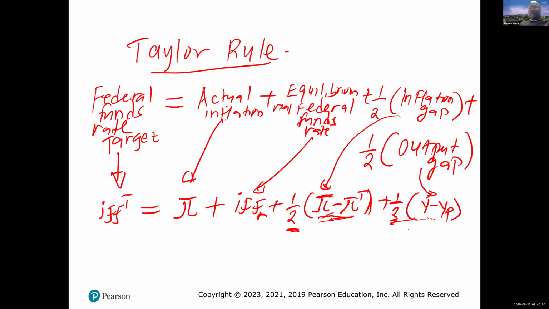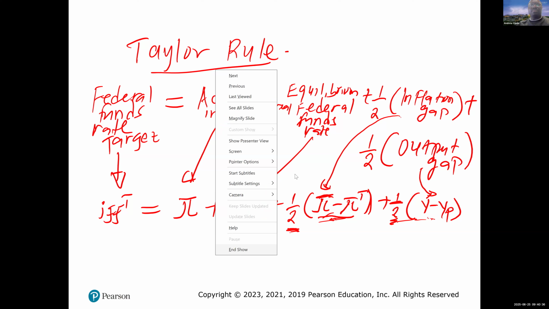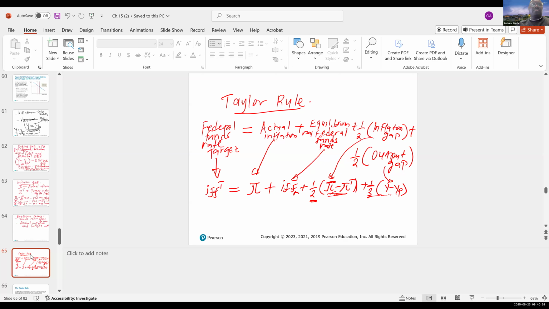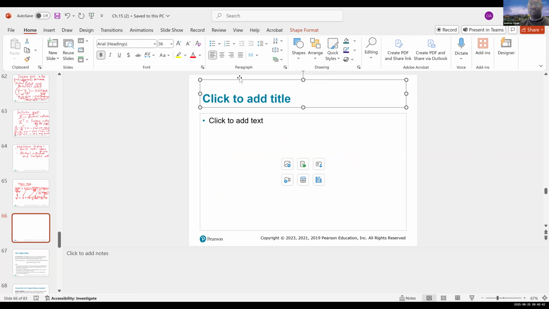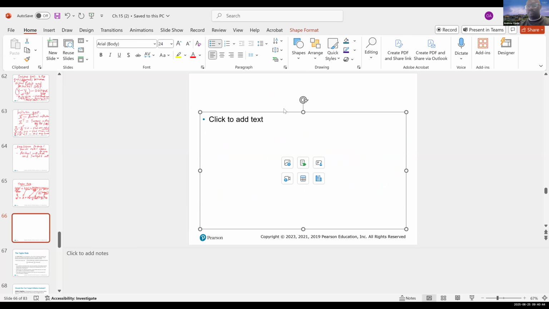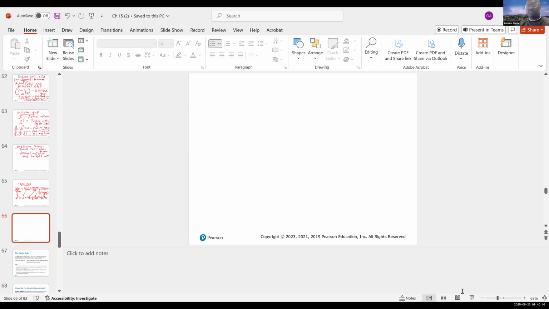Okay, so let's do an example, because an example clears things up. So you know that's the Taylor rule formula. I'm going to say example on the Taylor rule.